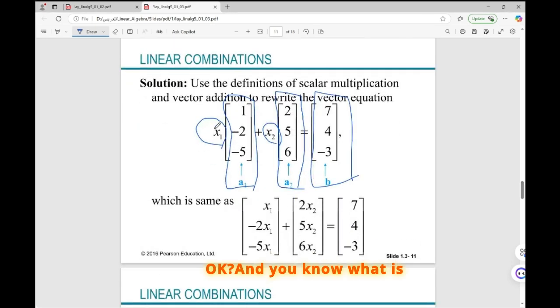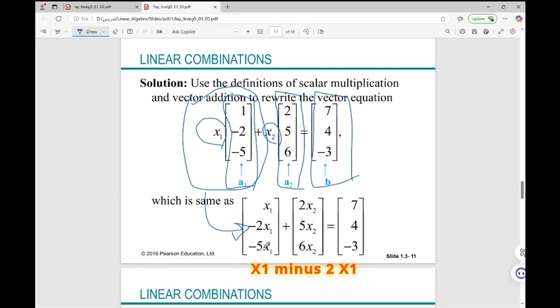And you know what x1 times this vector is? x1 times the first entry, x1 times the second entry, and x1 times the third entry.